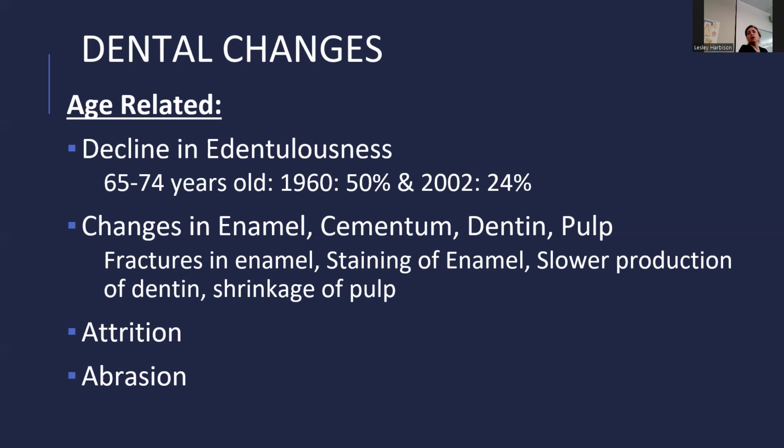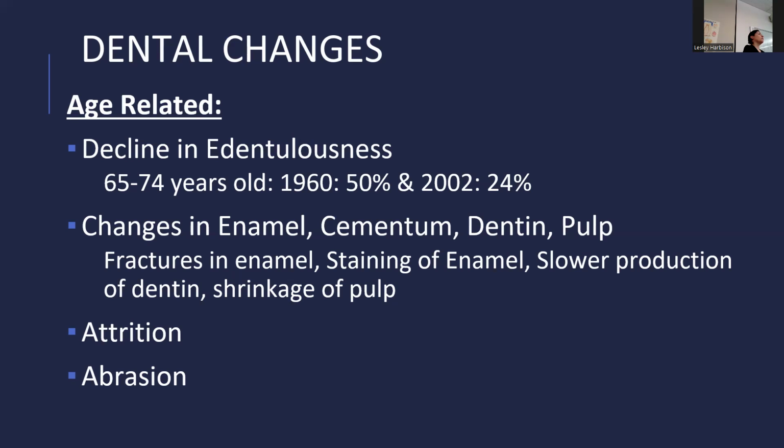And so there is this sort of general change in people's teeth where they get a little bit darker, yellower, more transparent enamel, and so the dentin shows through in the staining. Slower production of dentin, but then we also get a shrinkage of the pulp.